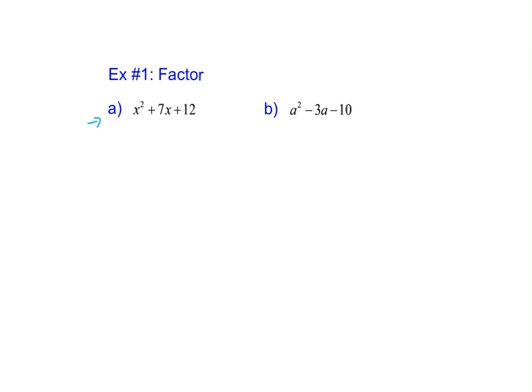And I'm going to just focus in on these numbers for a second, the 7 and the 12. We are looking for two numbers that give us a sum of 7 and a product of 12.